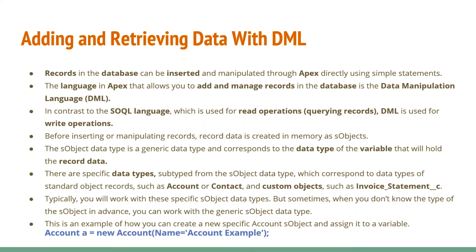Typically, you will work with these specific sObject data types, but sometimes when you don't know the type of sObject in advance, you can work with the generic sObject data type, and later on we can typecast it into the particular sObject data type.